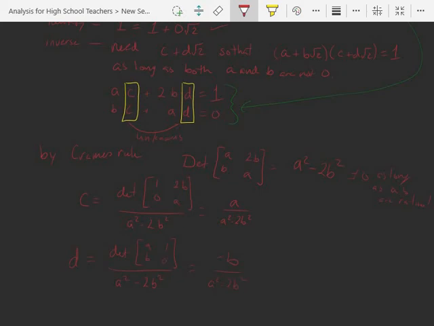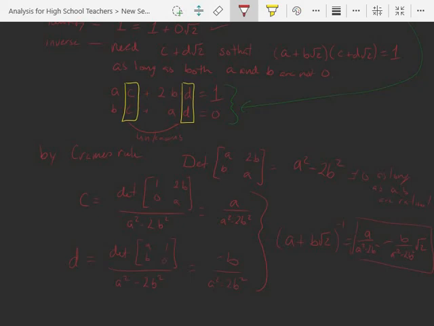So the inverse together, a plus b square roots of 2 inverse is equal to a over a squared minus 2b squared plus minus b over a squared minus 2b squared square roots of 2.